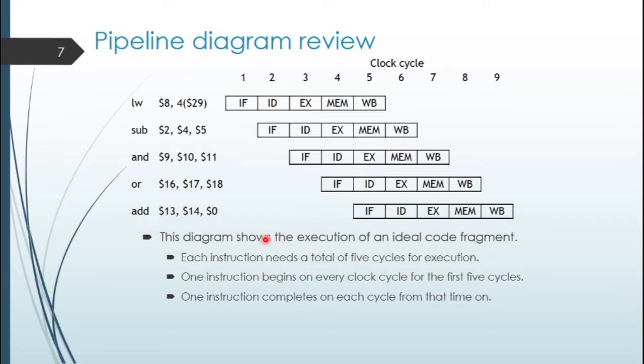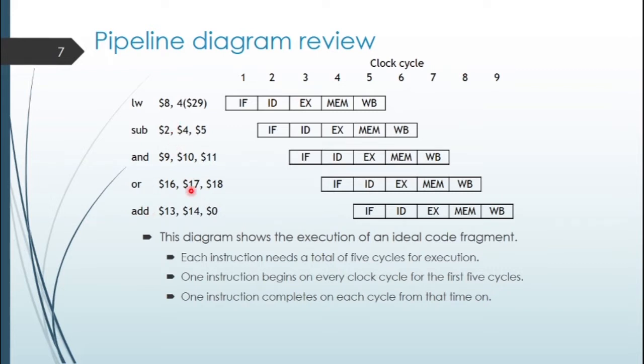This diagram shows the execution of an ideal code segment. We say it's ideal because all the instructions are independent, and each needs exactly 5 clock cycles. This is a typical 5-stage pipeline that we studied for MIPS.